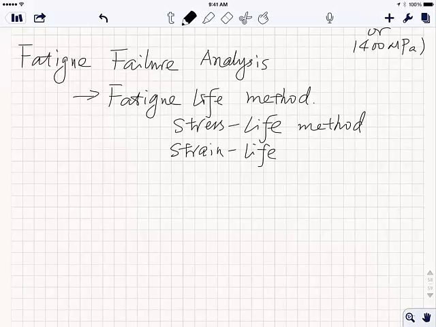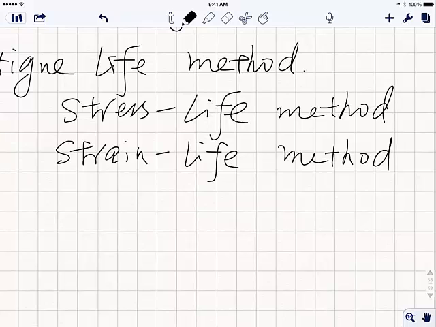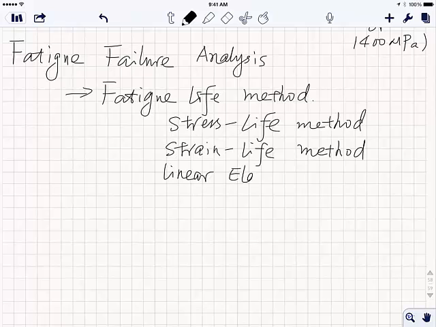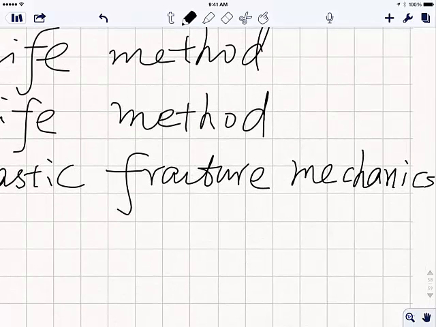And the last one is called linear elastic fracture mechanics method.